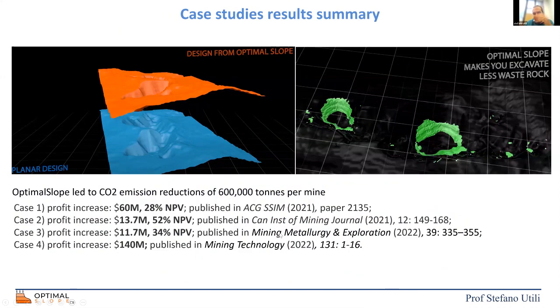And here is a summary of these four case studies that you can find in these journals. They're all, as I said, open access. You can see that in terms of profit increase, it goes from 12 to 140 million.